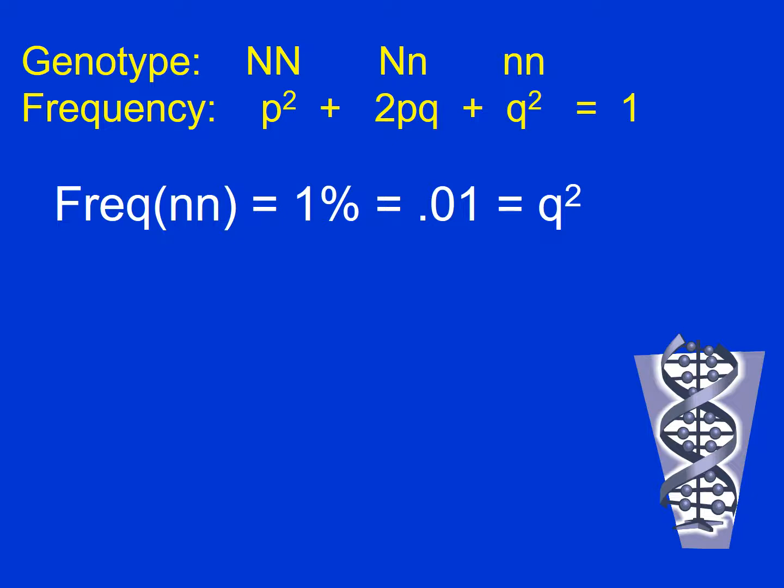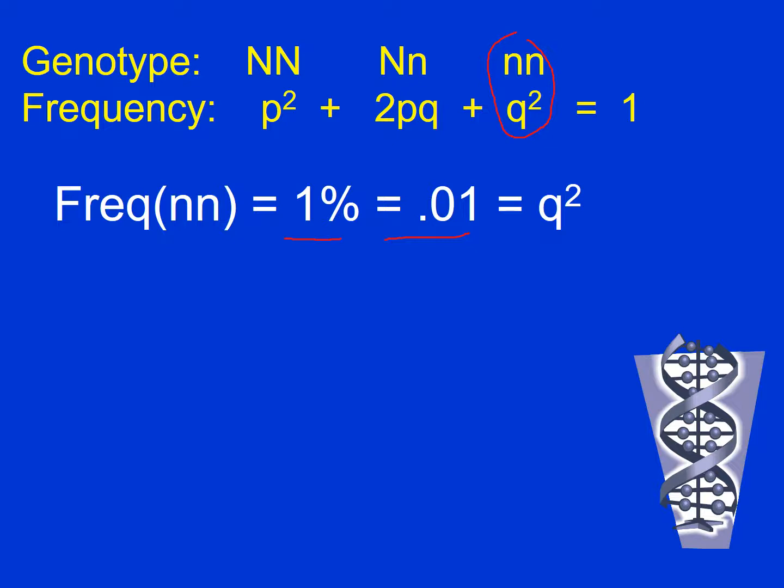So here's the Hardy-Weinberg equation again. Frequency of homozygous recessive is Q squared. We know that's 1%. Change that to decimal notation here.